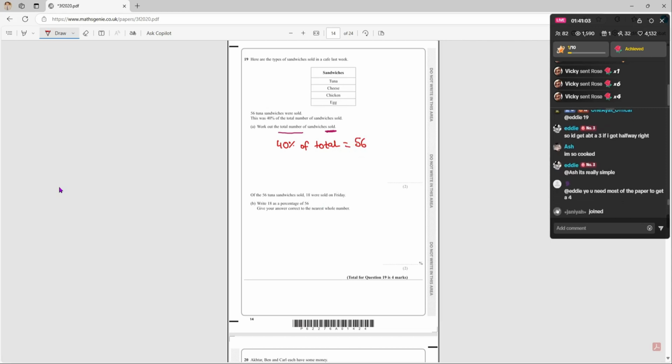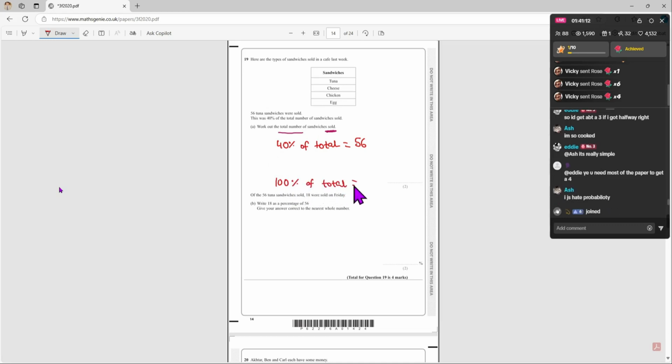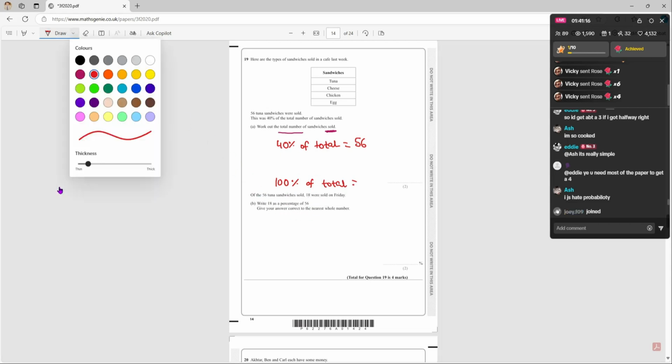Then what we need to do is change this to 100% of the total. We have to go from 40% to 100%. How do we do that? Very simple.